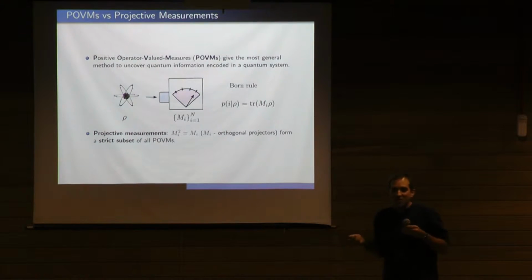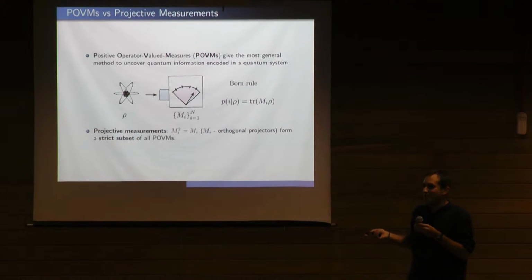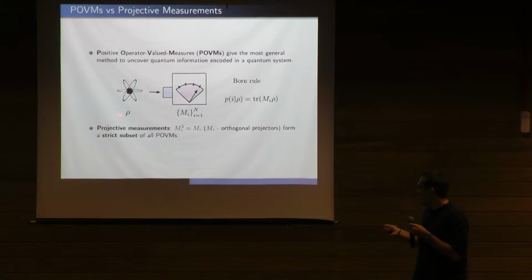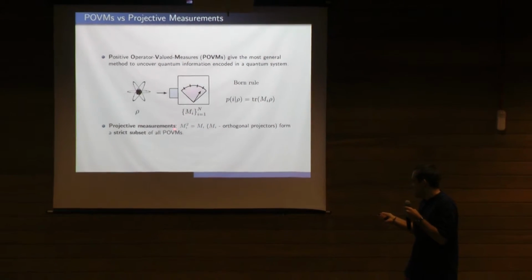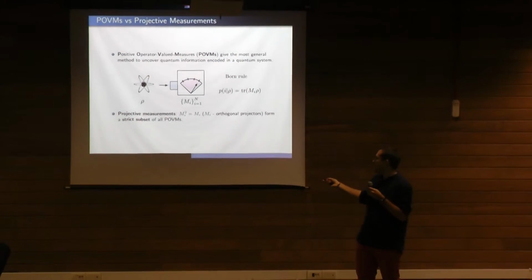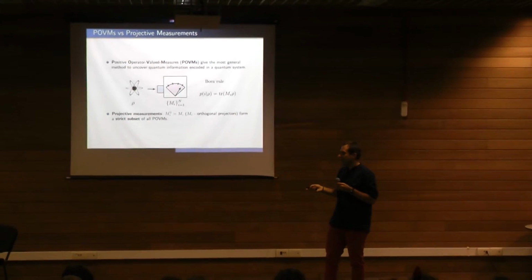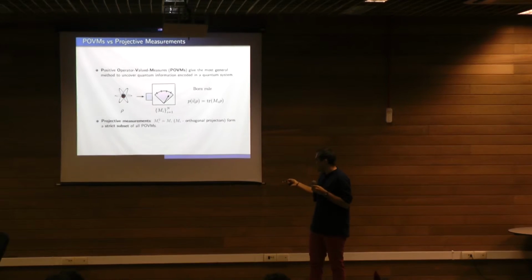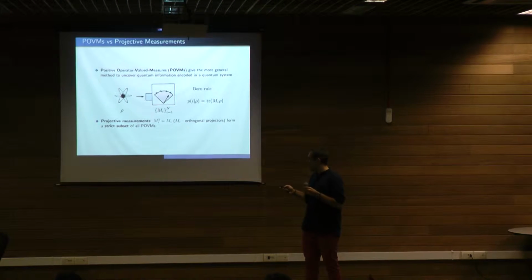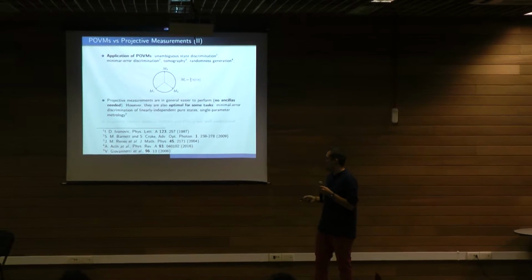Among all generalized measurements, projective measurements form a particular class, that is, their effects are orthogonal projectors on the relevant Hilbert space. And this class forms a strict subset of all measurements for any finite dimensional system.